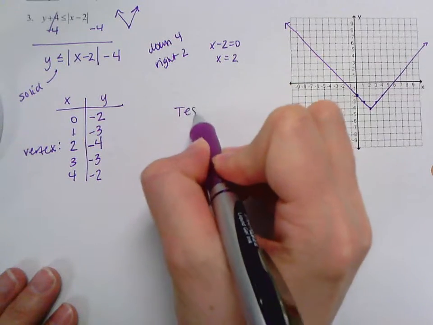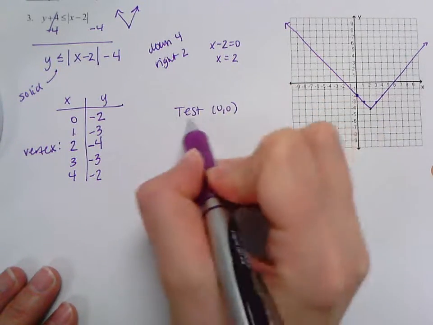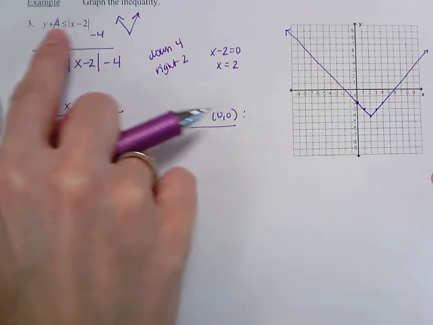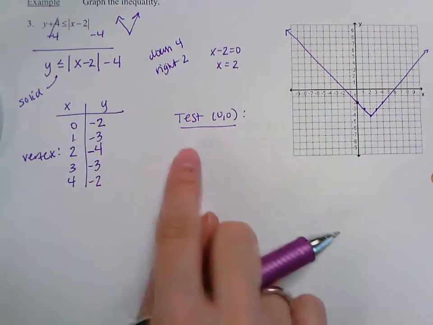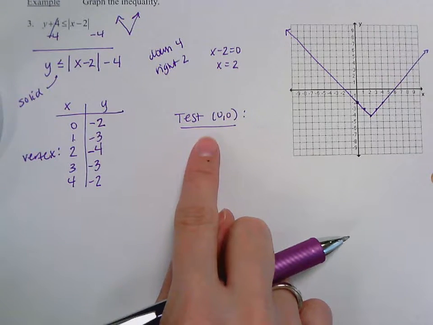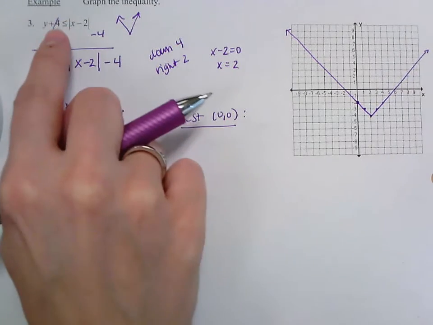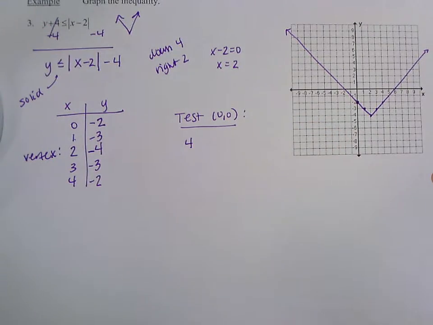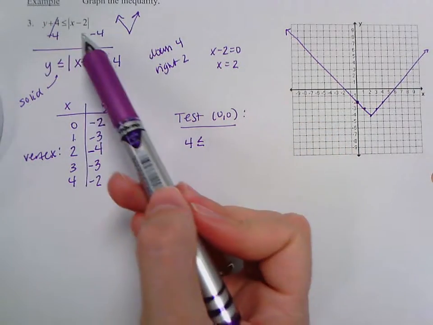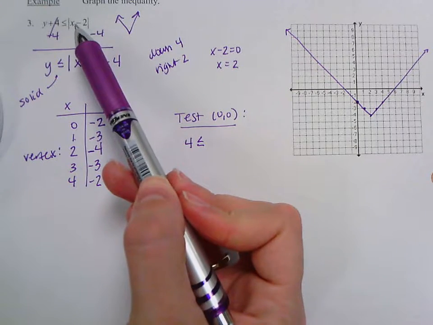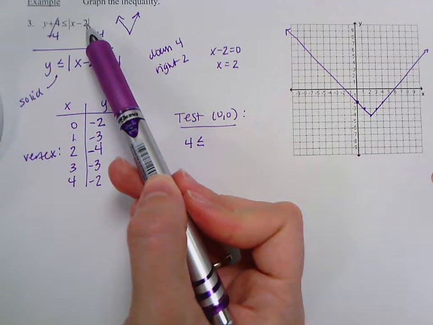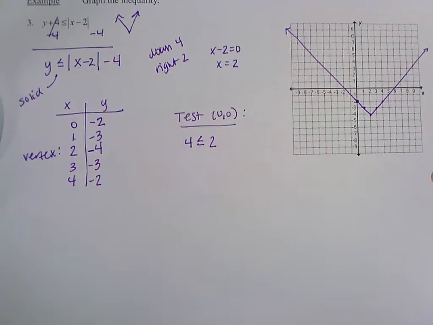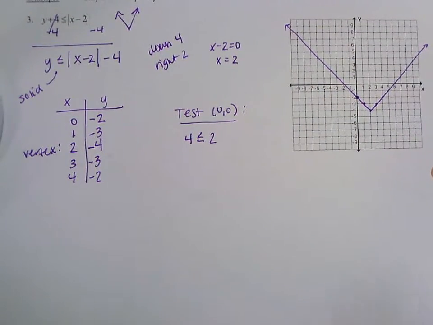So if I were to test (0, 0), again, I always go back to how the inequality was originally written. So if I put in 0 for x and for y, I would get positive 4 on the left side is less than or equal to. And then when I plug in 0 for x here, I get 0 minus 2 is negative 2, but the absolute value is positive 2. And is that true or false?